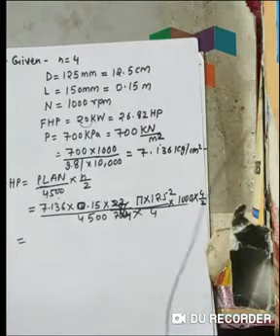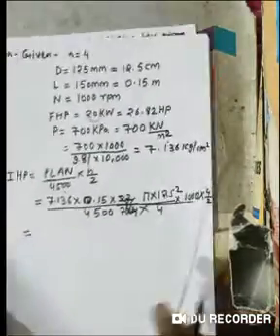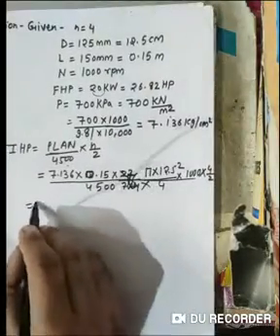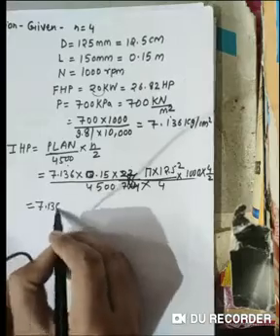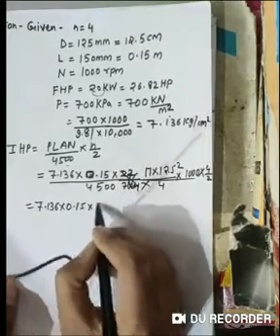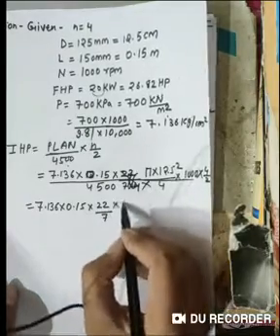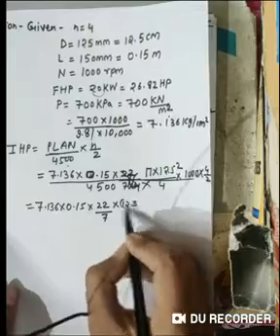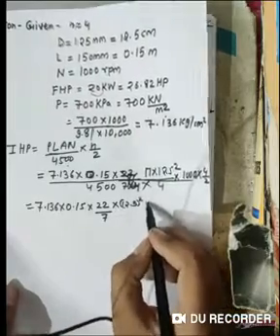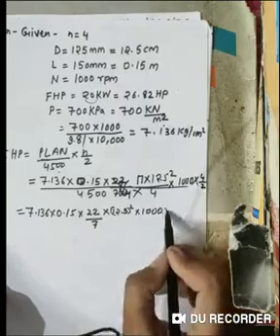Now we put the value of pi. So 7.136 multiplied by 0.15 multiplied by 22 by 7 into 12.5 square into 1000. 4 divided by 2 is equal to 2.